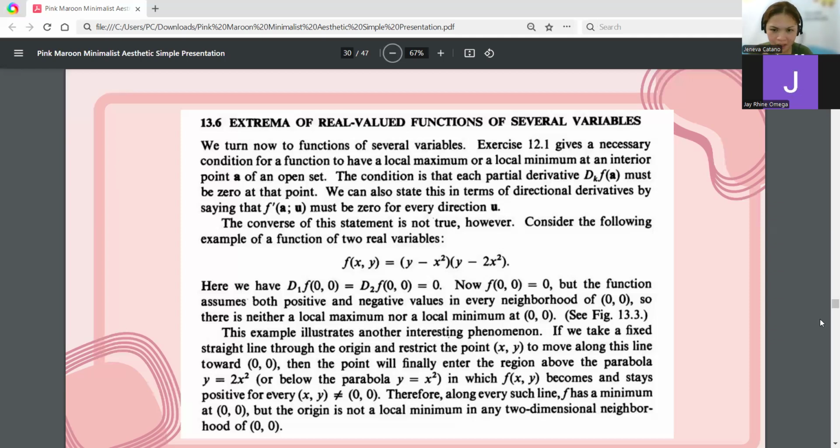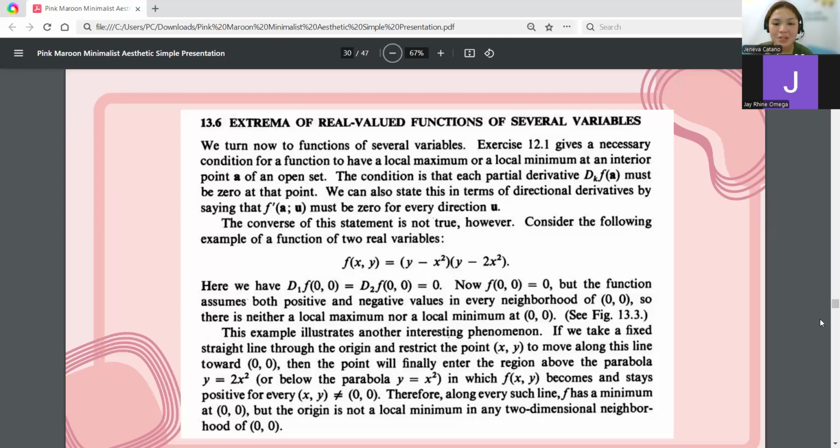So now f(0, 0) = 0. But the function assumes both positive and negative values in every neighborhood of (0, 0). So there is neither a local maximum nor a local minimum at (0, 0). Okay, see Figure 13.3 for this.